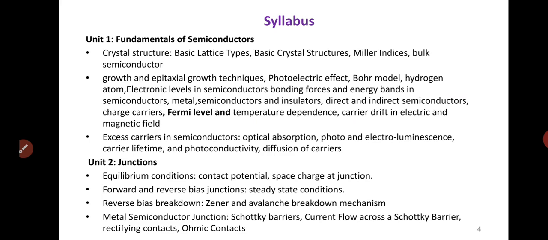In second unit, that is junctions, we will study the concept of contact potential, then space charge at junctions, then forward and reverse bias junctions, reverse bias breakdown, that is Zener and avalanche breakdown mechanism, and we will study also in the last metal semiconductor junctions.